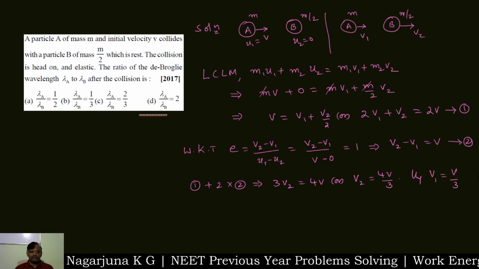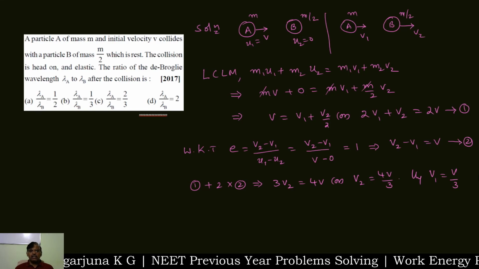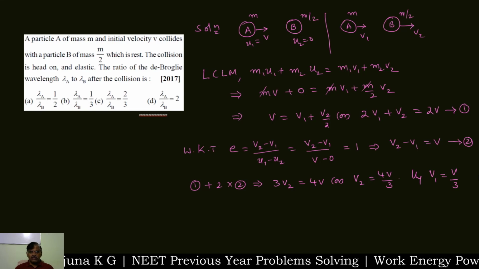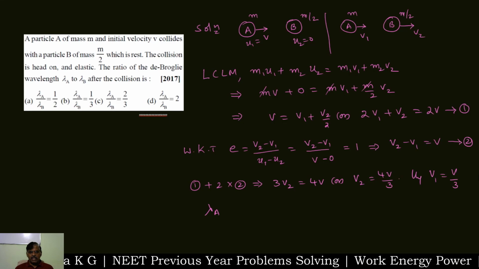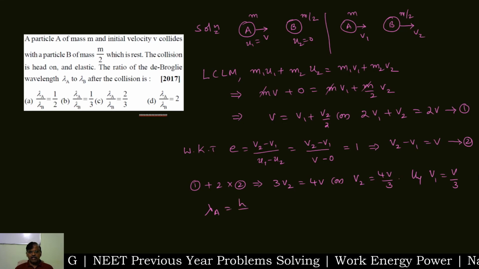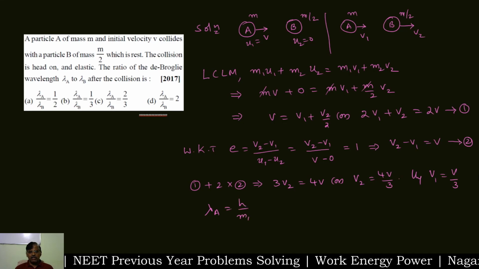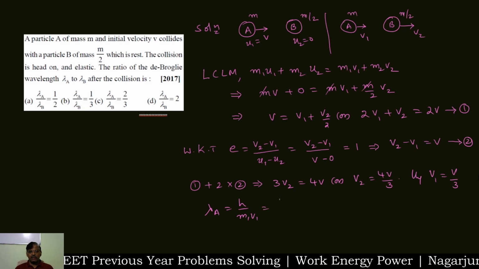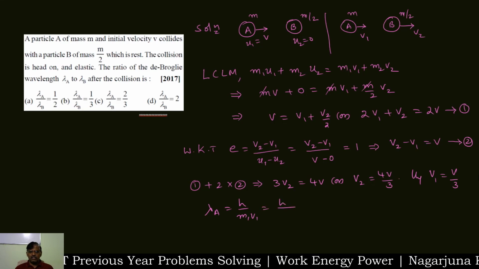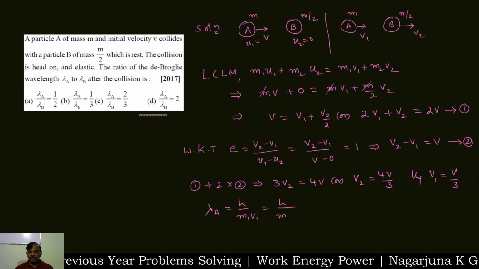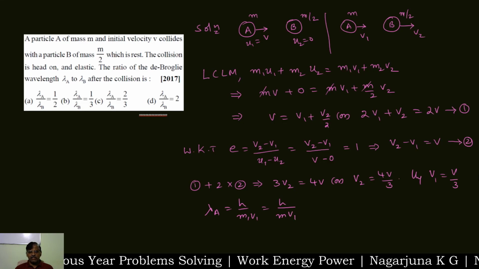We know that the de Broglie wavelength for A, lambda A, can be written as h divided by m1 v1, that is h divided by m v1.